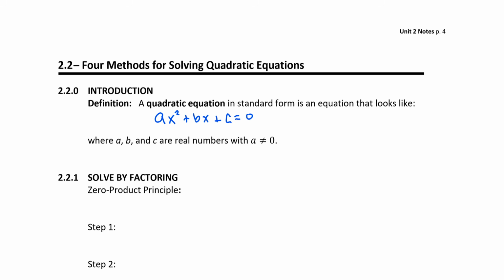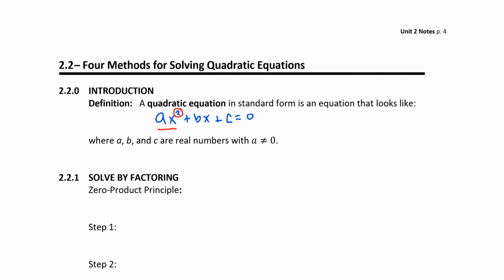The defining characteristic of a quadratic equation is this x squared term. If the highest exponent that I can find is 2 and there's no higher exponent such as x cubed or x to the 4th, then we have a quadratic equation. The presence of this term causes it to be a quadratic equation.